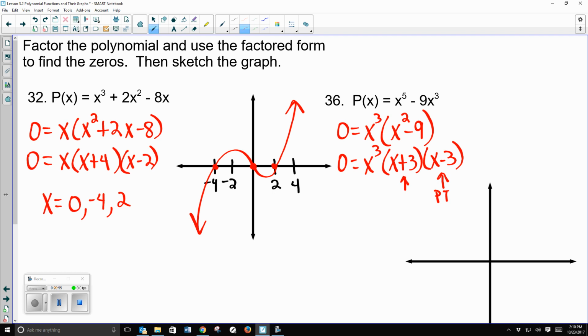This would be a pass-through. What does the third one do? Right, the odd wiggle. Okay, whatever makes you remember it. So my zeros are x equals 0, negative 3, and positive 3. So I'm going to plot those points.